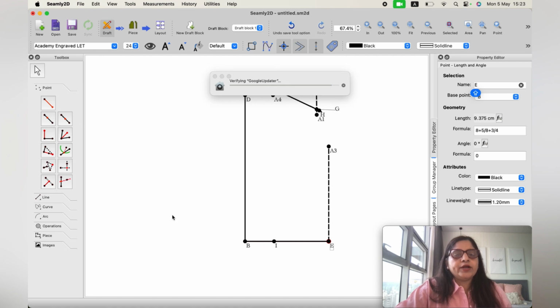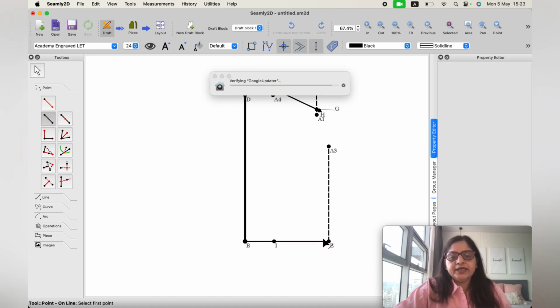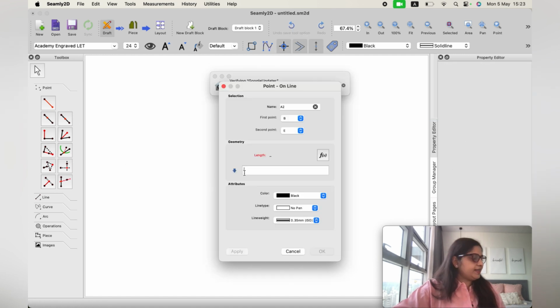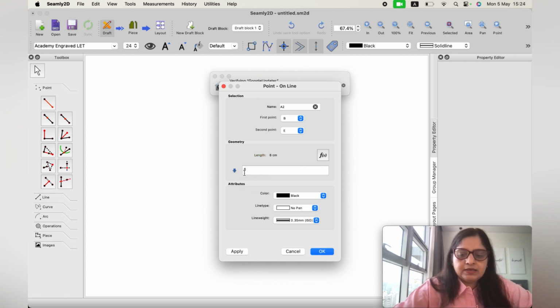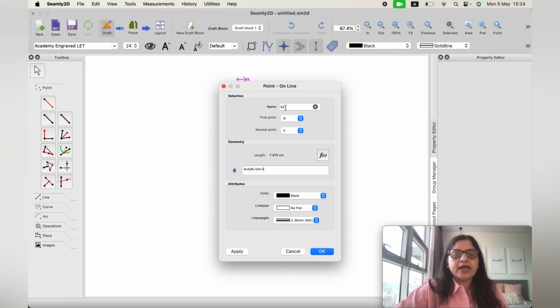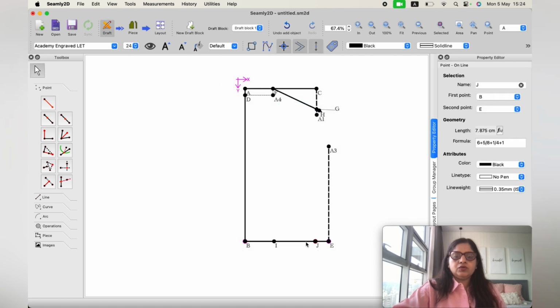I'll take a point along the line B to E, and my length will be 6 5/8 inches plus 1/4 inch ease plus 1 inch dart intake. So my point name will become J.